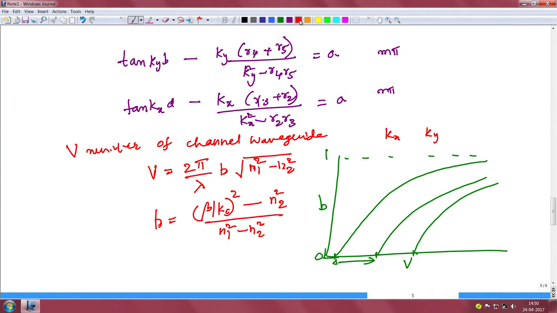More details of these mathematical expressions of this channel waveguide can be found in the textbooks, and also there are several papers. One of them I am just quoting here.